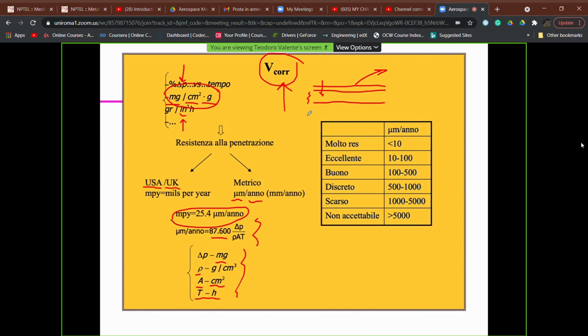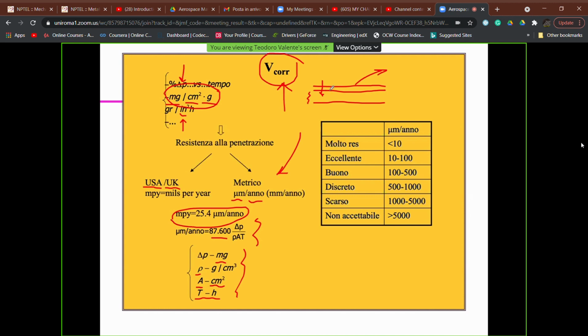But the concept that must not be forgotten in order to use this kind of expression of the corrosion rate is that this scheme that I have put here on the slide is valid only if we have uniform corrosion, among the 8 possible forms of corrosion we have seen last time.